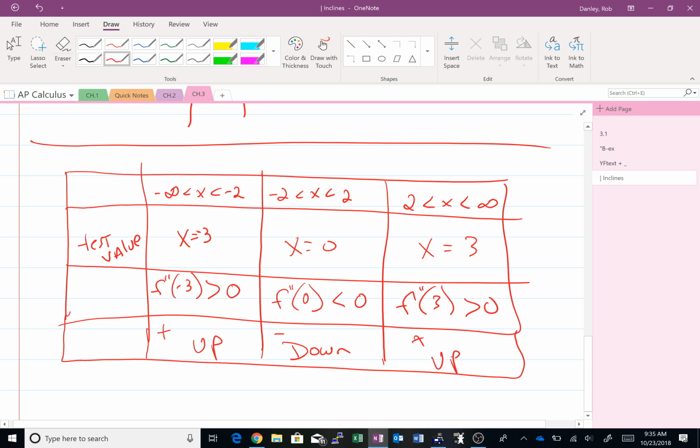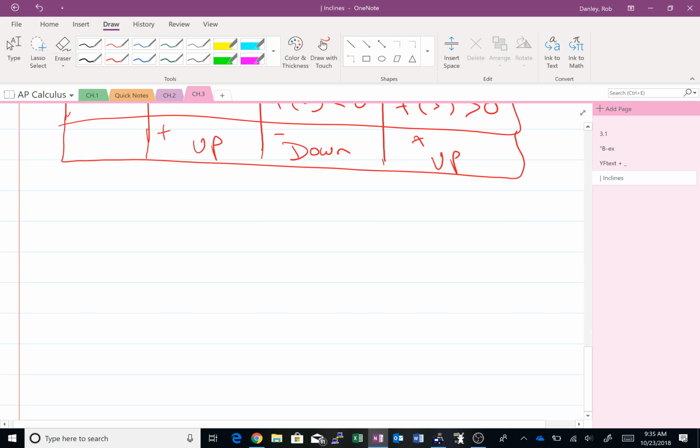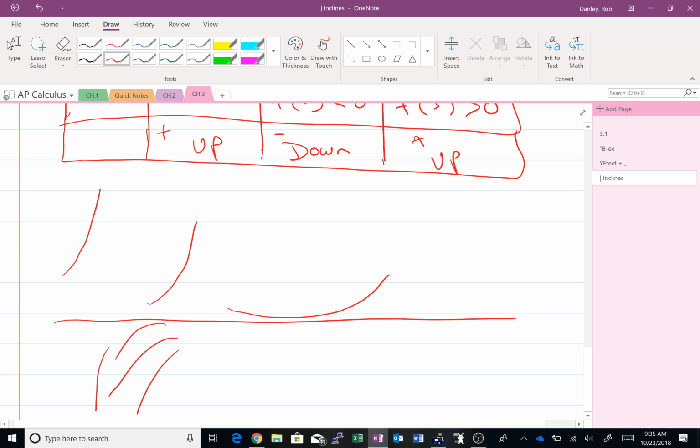Very good. Yes? Up can be kind of hard to picture, but it can be like this, more exaggerated. Downs are going to be like this, and ups like this. If there's just a slight bit of curve pointing up like that, that's concave up.